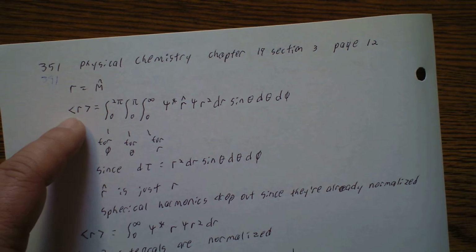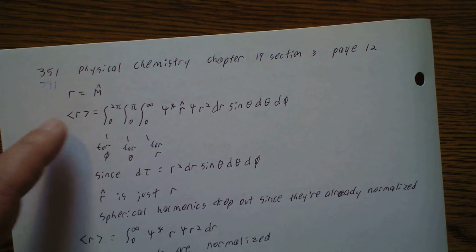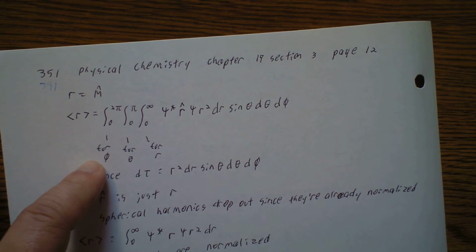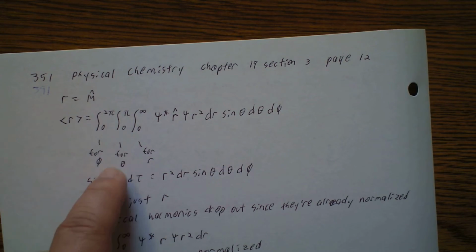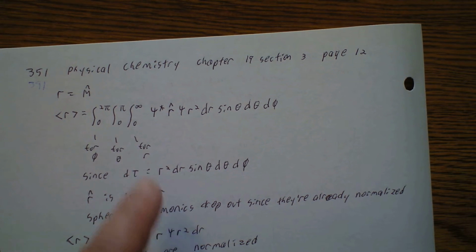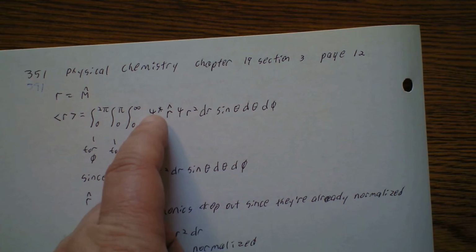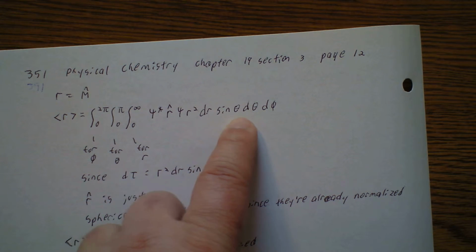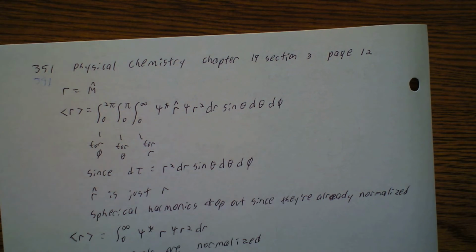So we get average value for r, or the expectation value for r, is the integral from 0 to 2 pi, that's for the phi angle, and then the integral from 0 to pi, that's for the theta angle, and then the integral from 0 to infinity for radius, and we get psi star of r hat psi r squared dr sine theta d phi.